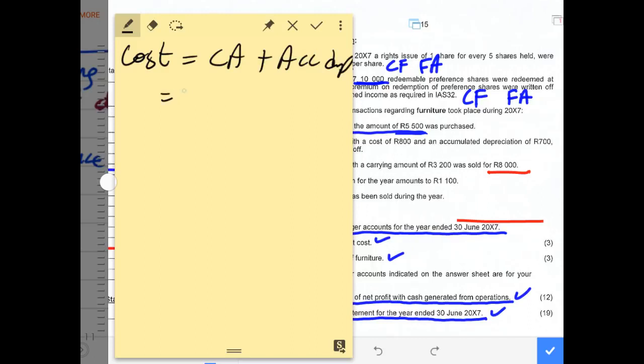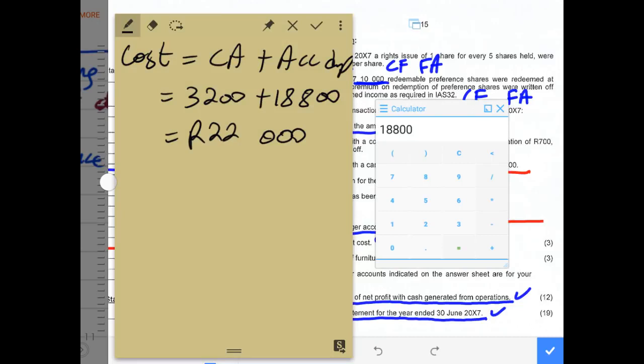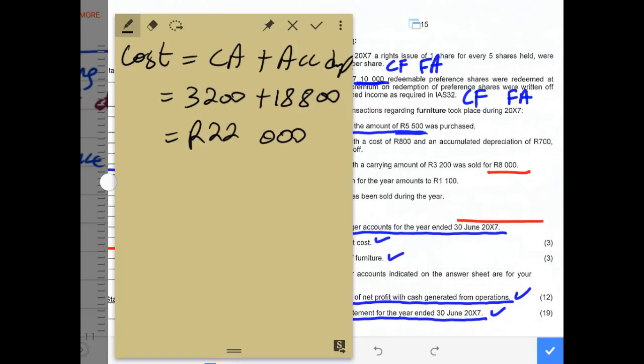The carrying amount was 3,200 and the accumulated depreciation is 18,800. Therefore the total cost of this furniture would have been 22,000 rands, 18,800 plus 3,200.